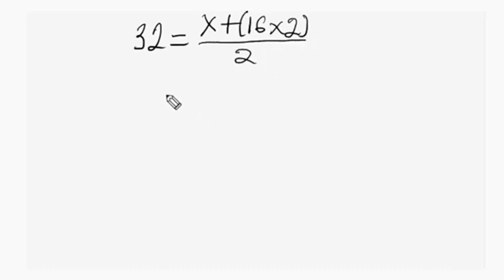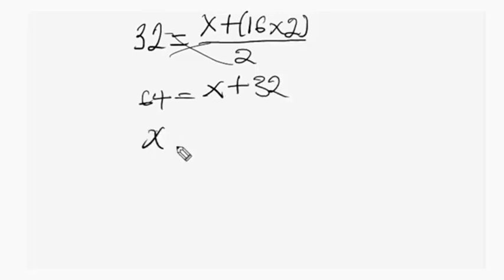So guys, with this, we have that 32, we are going to cross multiply this. So we have 32 times 2 is 64. So 64 is equal to X plus 16 times 2 is 32.